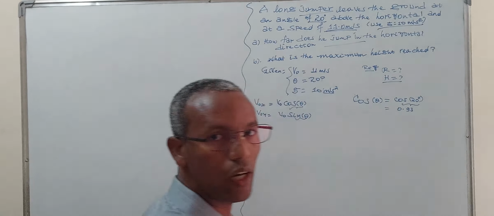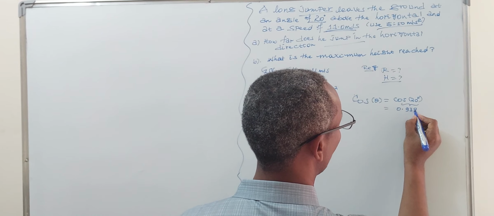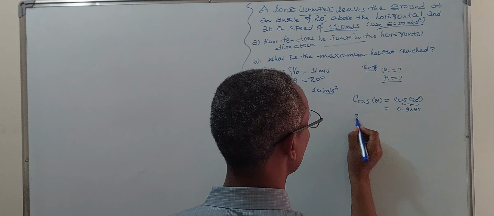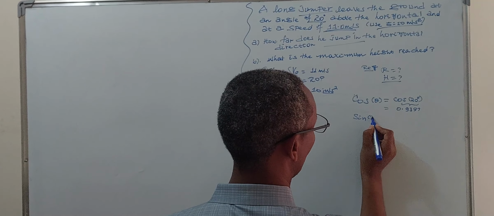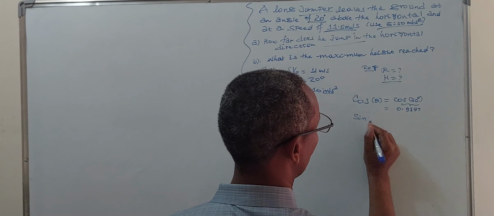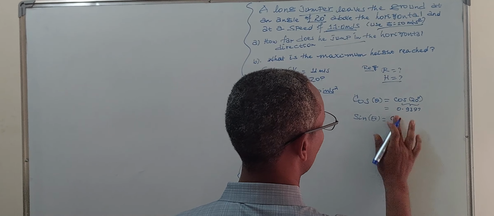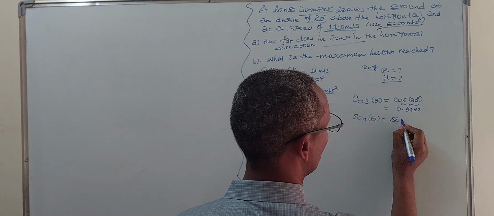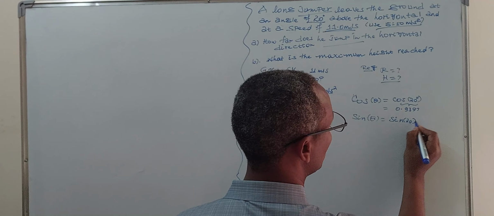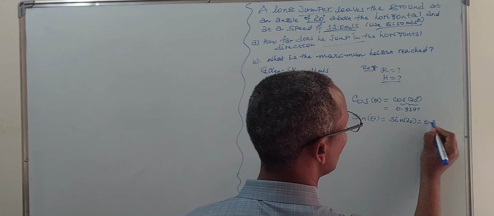And sine of 20 degrees is equal to 0.3420.